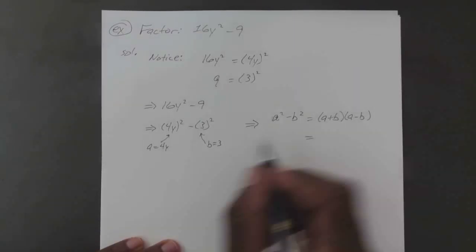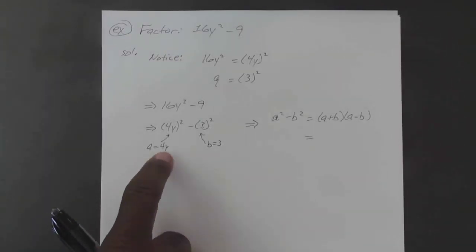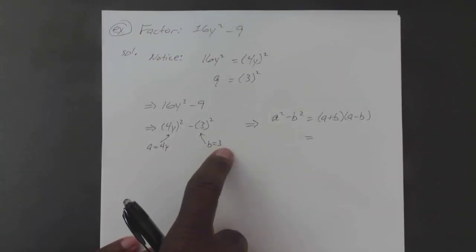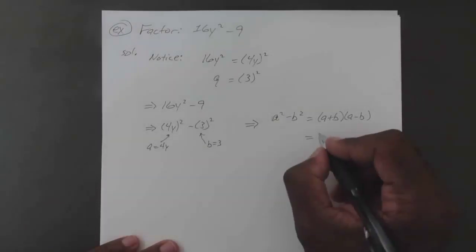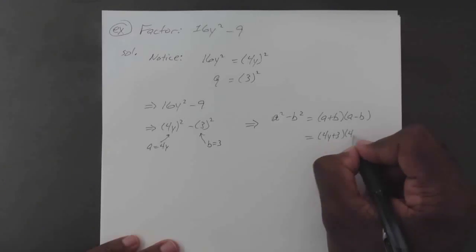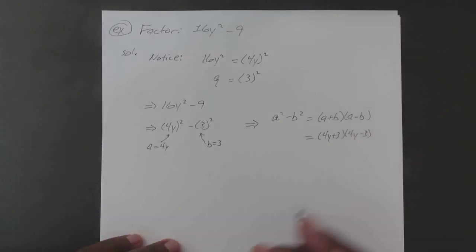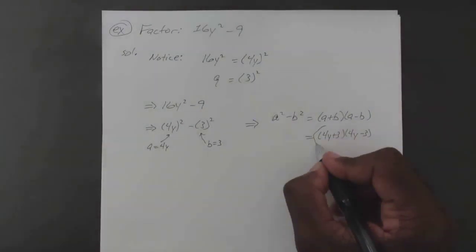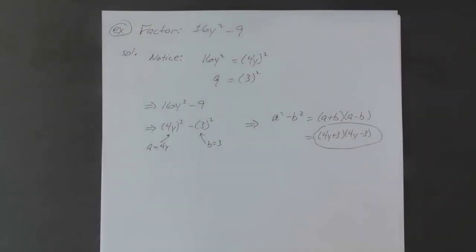And that means your a squared minus b squared will be 4y plus 3, 4y minus 3. Or you have 4y minus 3 times 4y plus 3. It doesn't matter as far as the order. Okay, so that would be your answer. All right, so any questions on that one?